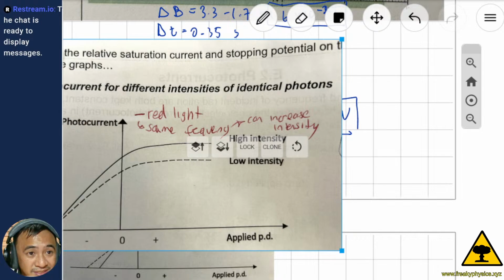This is so much easier with that simulation. Let's see if it's here. Let's see if it's still available online or just a different version of it. Photoelectric effect. Okay.